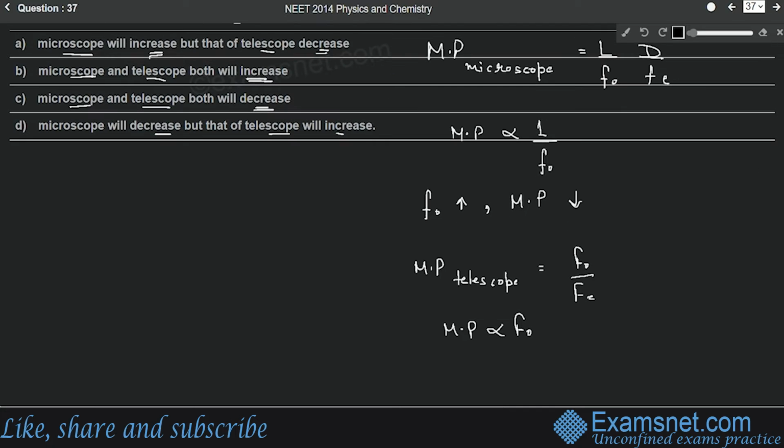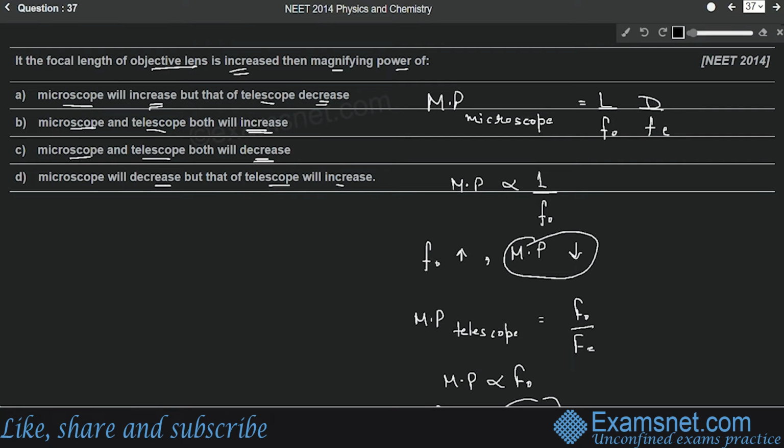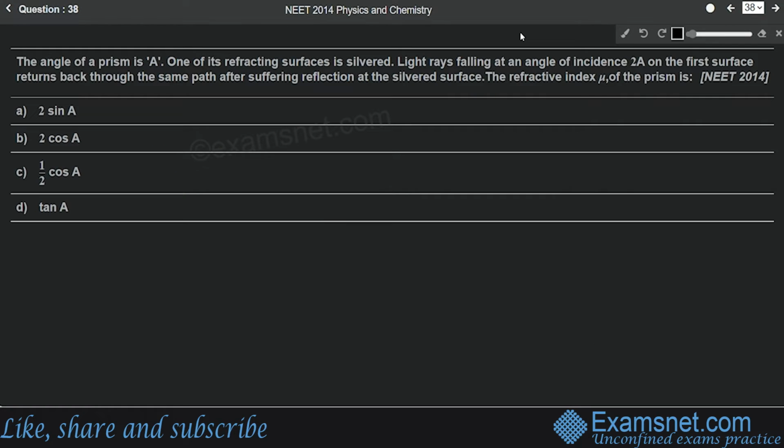That means if the focal length of the objective lens increases, then the magnifying power will also increase. So for microscope it will decrease, but for telescope it will increase. So the correct option will be option D, microscope will decrease but that of telescope will increase.